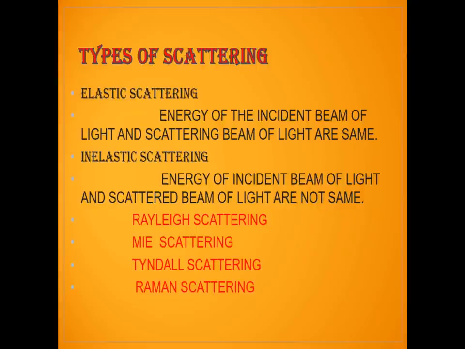What is elastic scattering? If the energy of the incident beam of light and the scattered beam of light are the same, that is known as elastic scattering. Next, what is inelastic scattering?